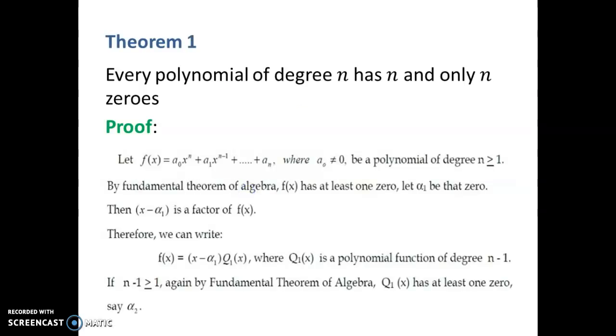The proof of the fundamental theorem of algebra is beyond our scope. That's why I am moving to the subsequent theorem.